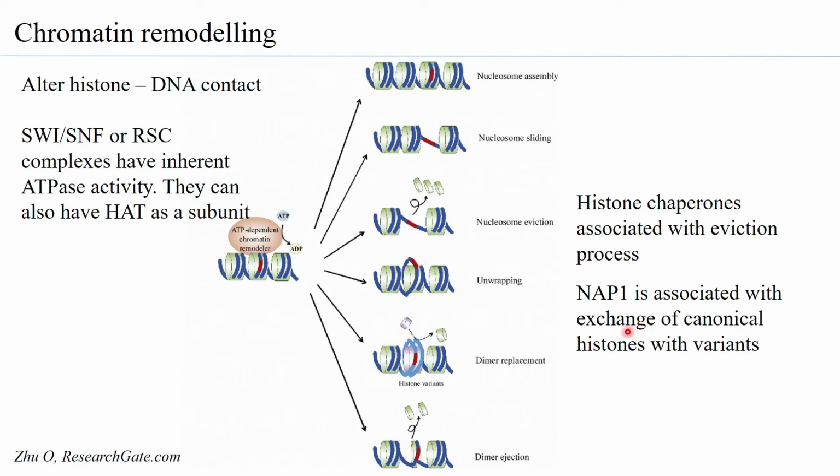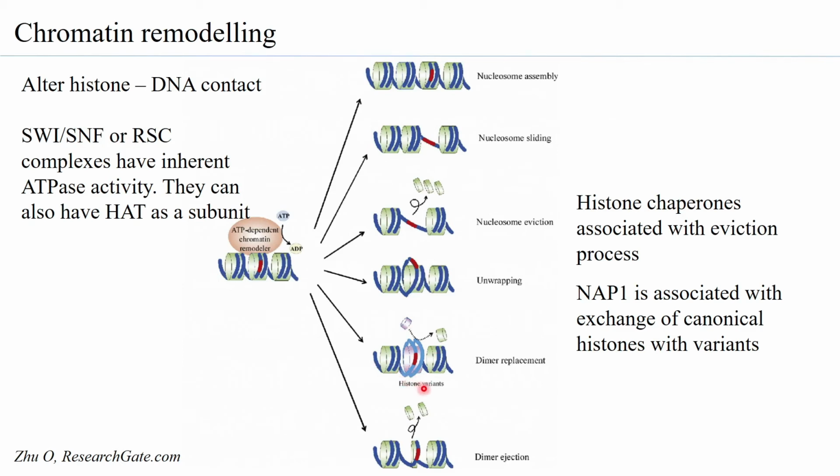It is associated with exchange of the canonical histones, that is the normal histones, with the variants. So you can have eviction also because of histone chaperones, and you can have exchange of variants with the normal or canonical histones, so that the nucleosome now is made up of a variant, and that variation can cause a change in how the DNA is wrapped around the nucleosome.